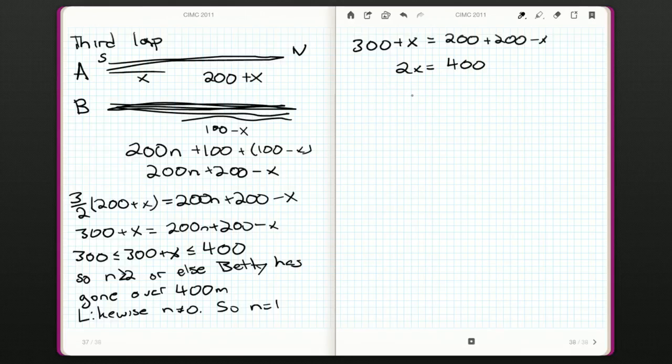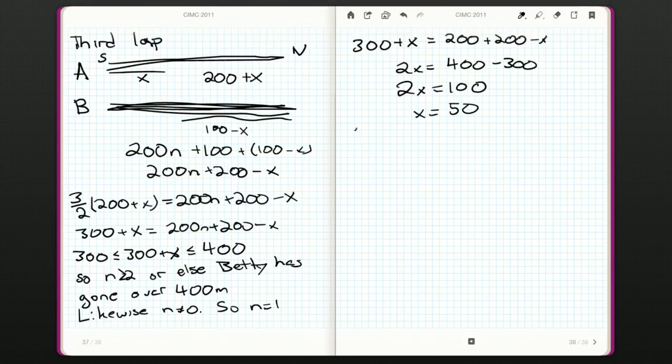What am I missing? Oh, no, sorry. 400 minus 300. Yes, of course, silly me. So x will be equal to 50. Okay, that was terrifying there for a second. I thought I'd screwed up for a second time in this question.